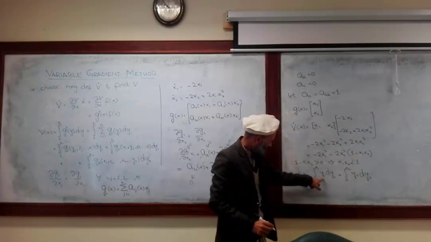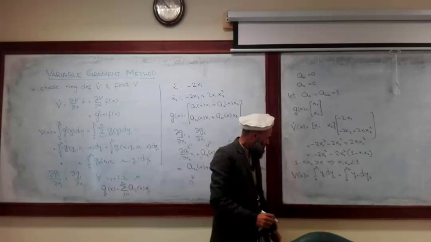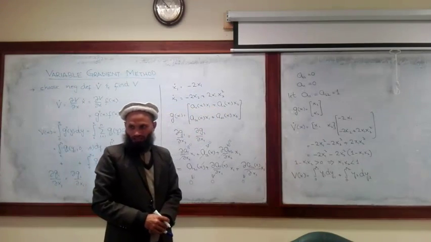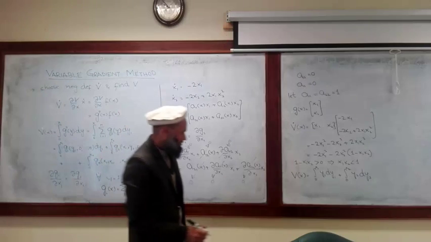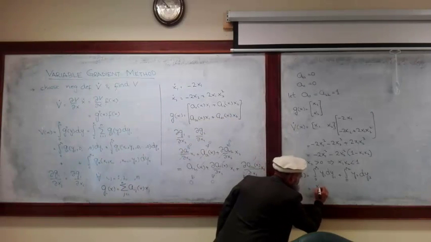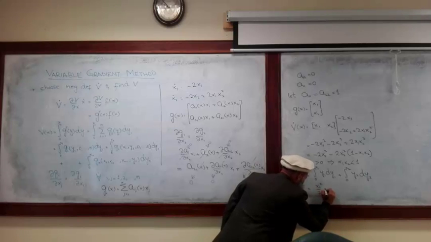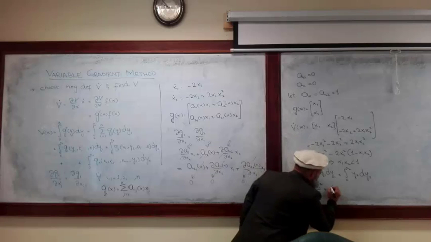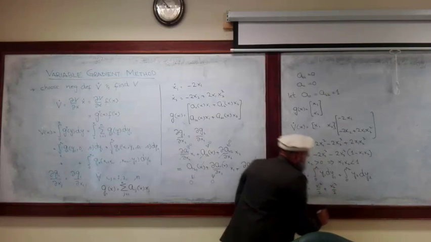So what is integration of this one with respect to y1? y1 square by 2, and if we substitute the limit, it equals x1 square by 2. And what is the integration of the second term? x2 square by 2.